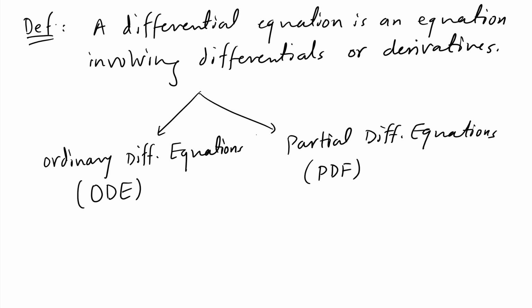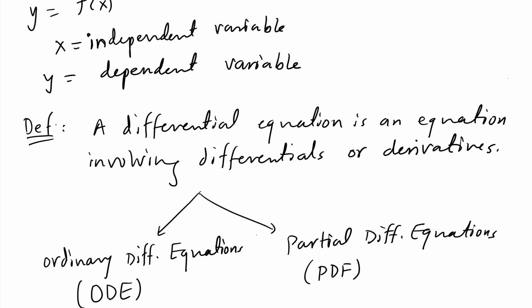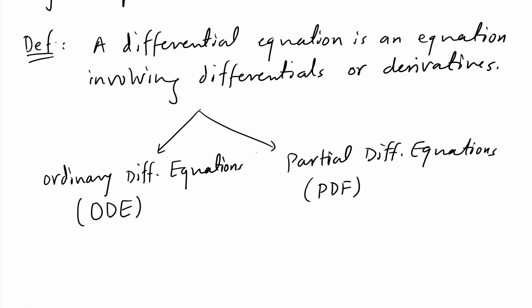What are ordinary differential equations? Those are equations that contain only ordinary derivatives of one or more dependent variables. Remember, dependent means y. Dependent variables with respect to a single variable, x, which is the independent variable.